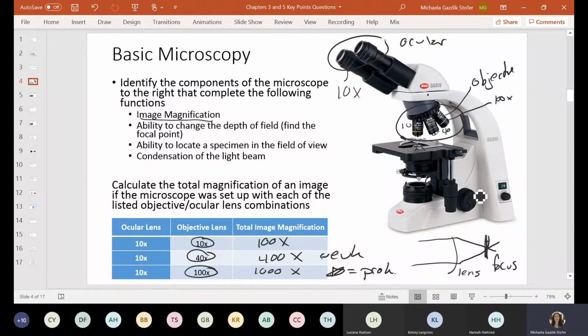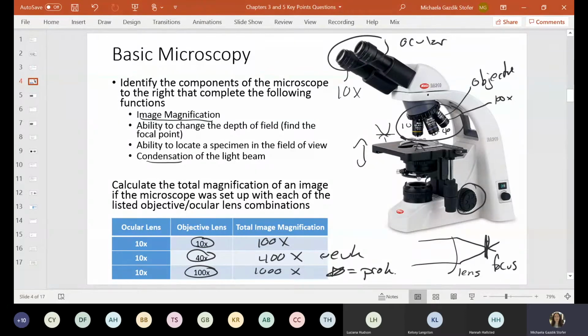So these knobs here on the side will actually move the stage up and down. And what you're trying to do is move it so that wherever that focal point is, the stage is right there, and then you can actually see whatever your specimen is that you're looking at.